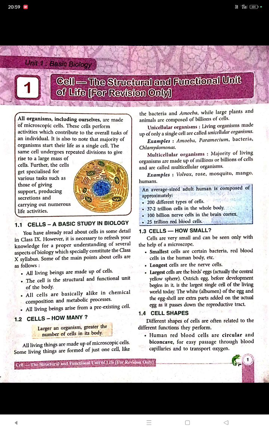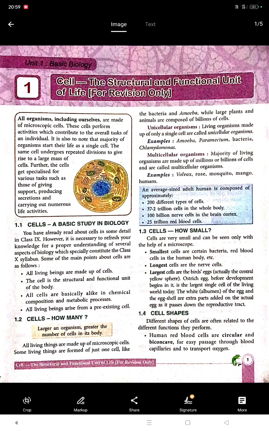Next one, there are 37.2 trillion cells in the whole body. Okay, and 100 billion nerve cells in the brain cortex, and 25 trillion red blood cells. The total number of red blood cells is approximately 25 trillion.